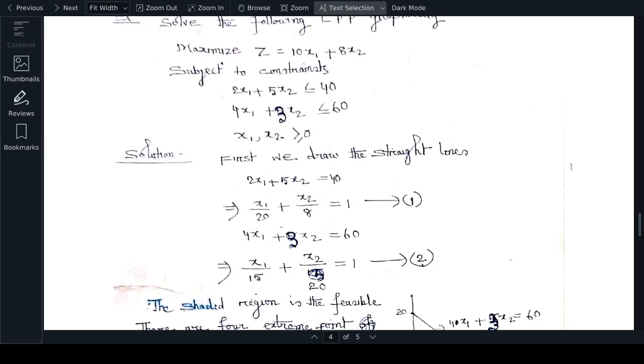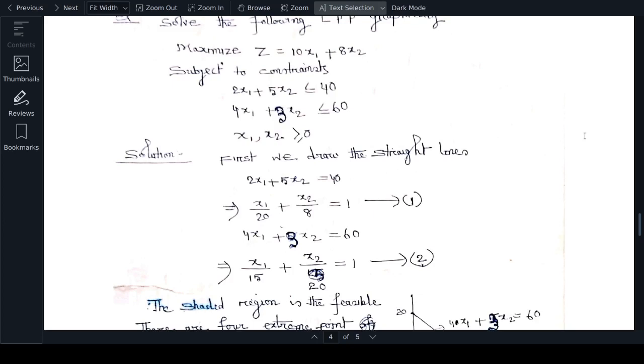Why do we make it an equality? Because otherwise you will not get the straight line equation. When we write this equality, it gives us the straight line equation. Next, you divide this by 40. So when we divide by 40, we get x1 by 20 plus x2 by 8 equal to 1.